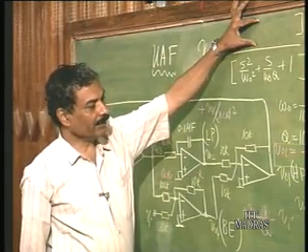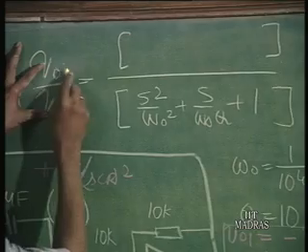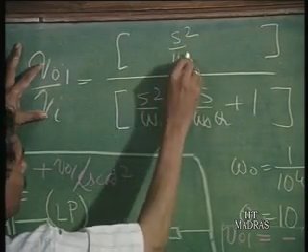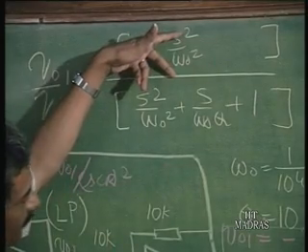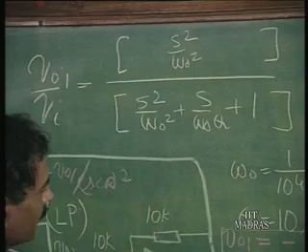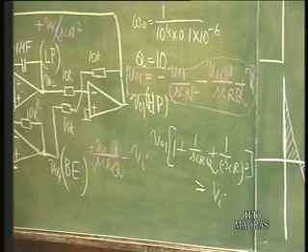In the numerator we will have S squared by omega naught squared if it is V naught 1. You can see that. This actually has been multiplied by S squared by omega naught squared throughout. So it is high pass. This is the high pass output, like in the case of the KHN network.